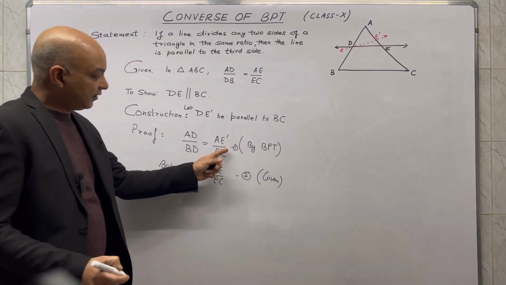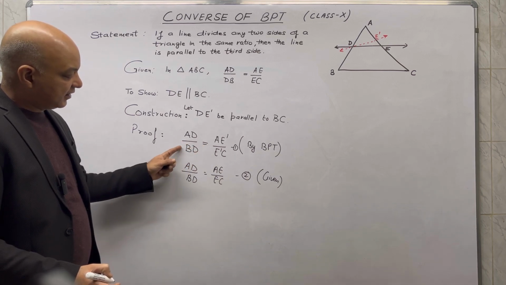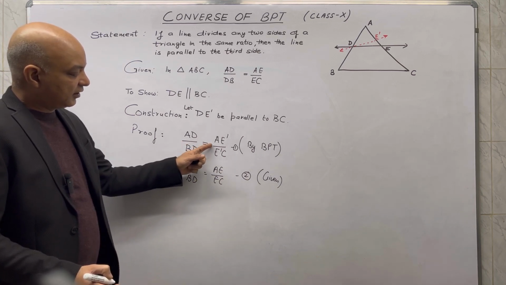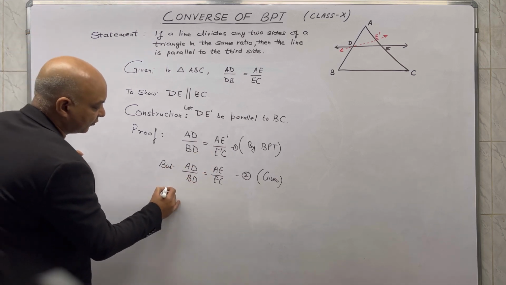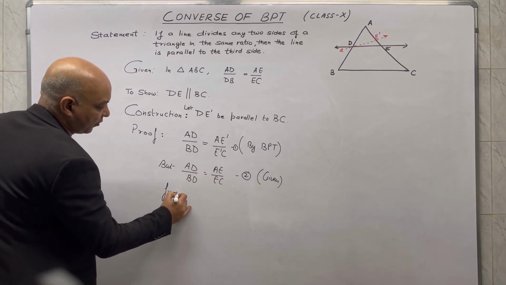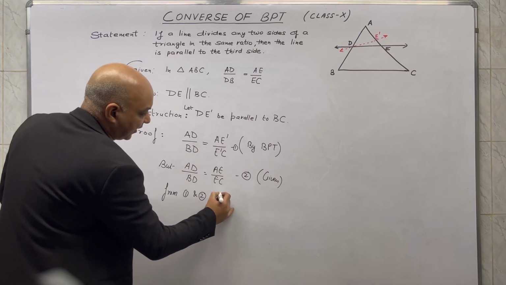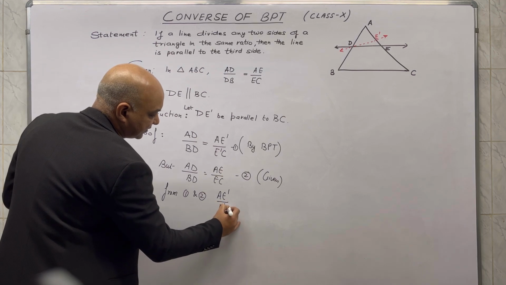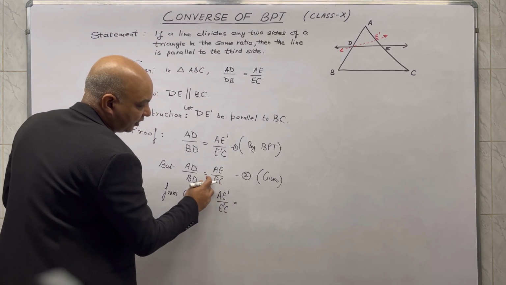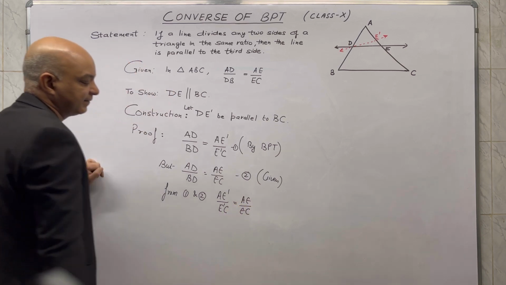So if we see equation 1 and 2, the left hand sides are equal. So therefore the right hand sides must also be equal. So you will write from 1 and 2 we get AE dash by E dash C must be equal to AE by EC.